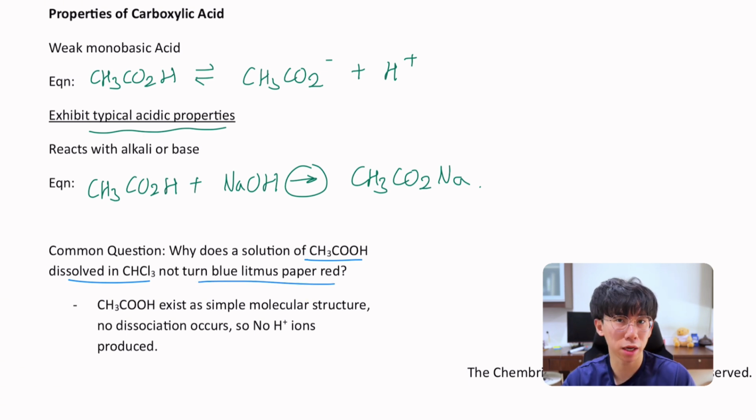Well, this is entirely because while it is an acid, remember, acids only dissociate to give H+ ions in water. If you use an organic solvent, it just simply exists as a simple molecular structure where no dissociation occurs, and so you don't have H+ ions, which will therefore not turn your blue litmus paper red.